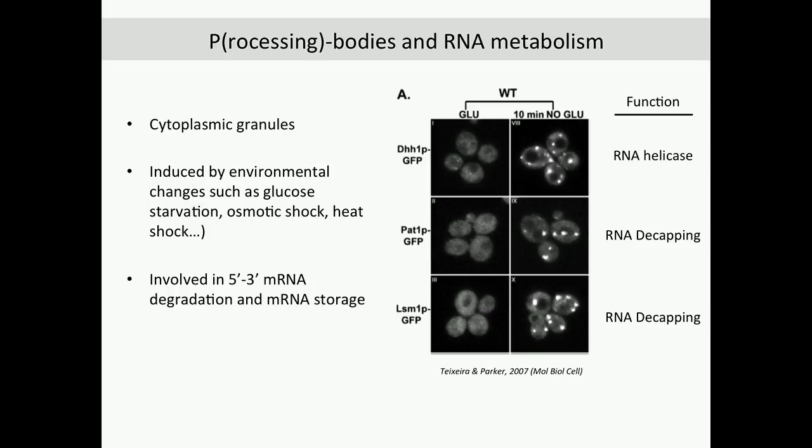And P-bodies are structures that are important for mRNA degradation and mRNA storage. And so here I'm showing you an example for three P-body components that form granules in response to glucose starvation: DHH1, which is an RNA helicase, PAT1, which is an RNA decapping enzyme activator, and LSM1, which is also involved in RNA decapping.